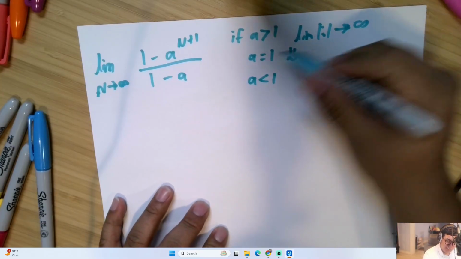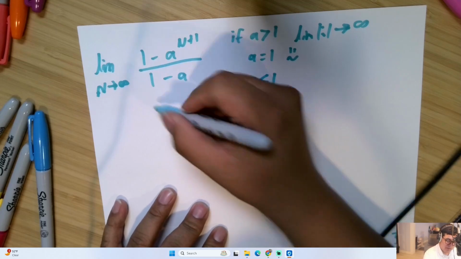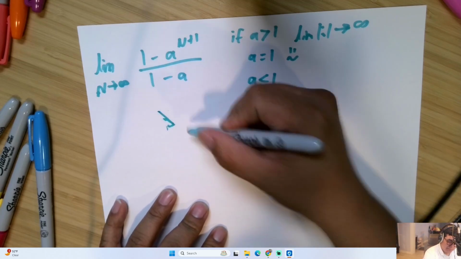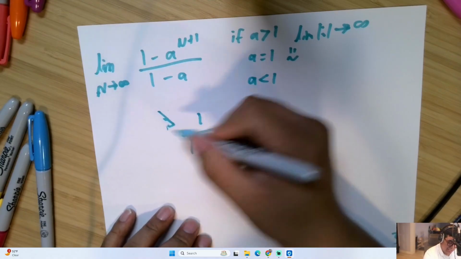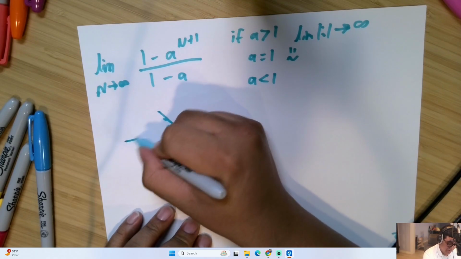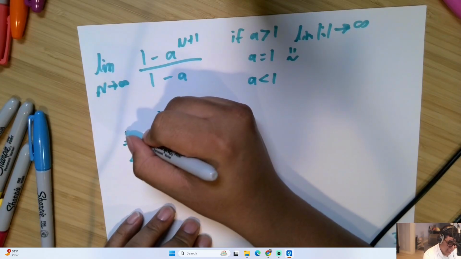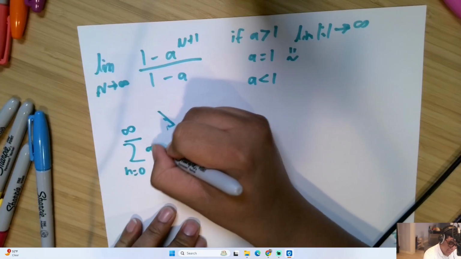You'll start realizing that this term starts going to 0. So we can rewrite this as 1 over 1 minus A. And that's when you have the following condition: the sum to infinity, n equals 0, of A to the n.